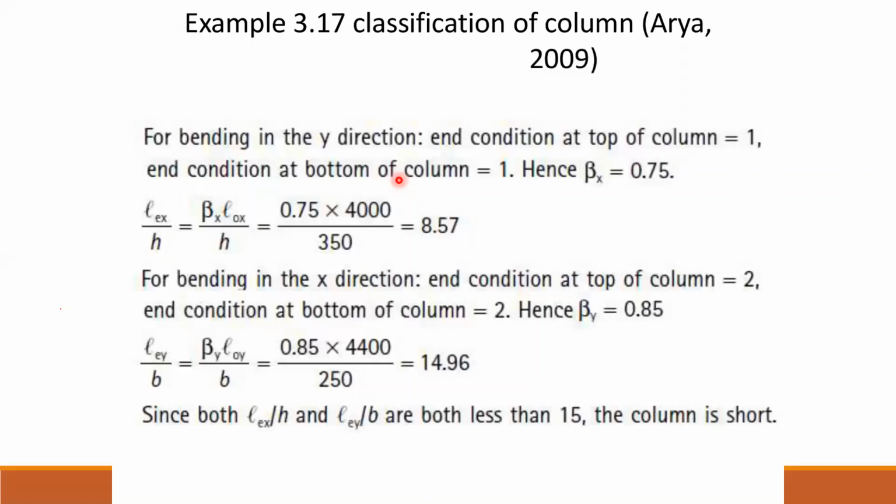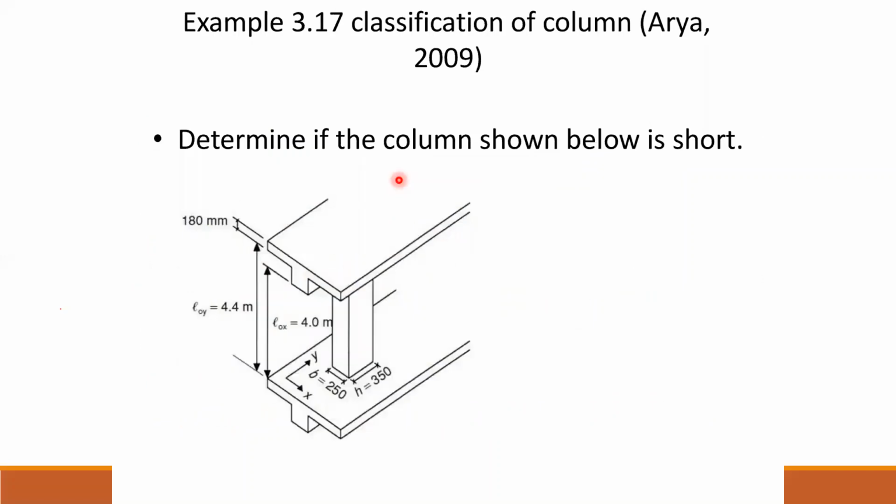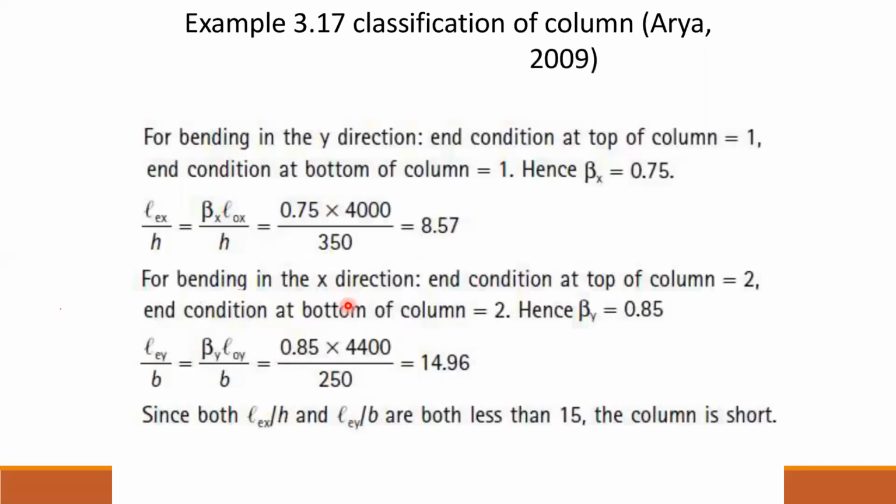That is for the LEY, in this direction. Considering these two, I hope you have a better understanding of how to classify short, braced and unbraced columns. Okay, let us move forward.